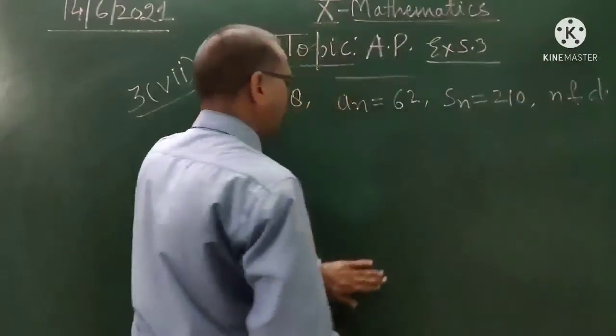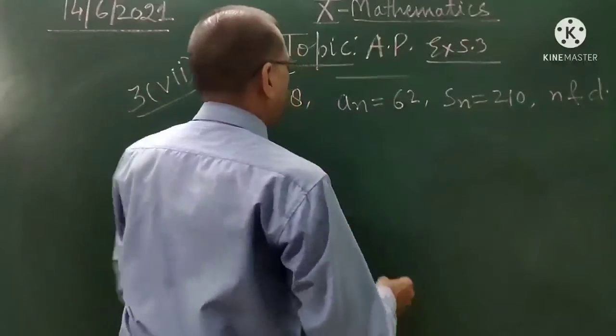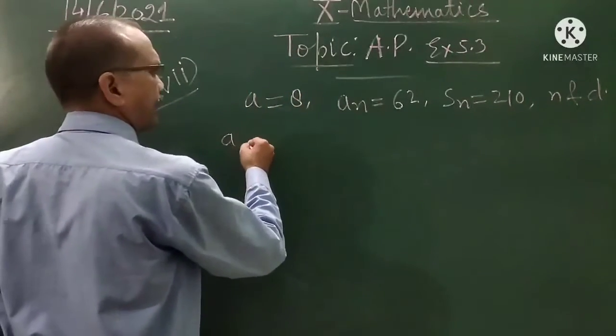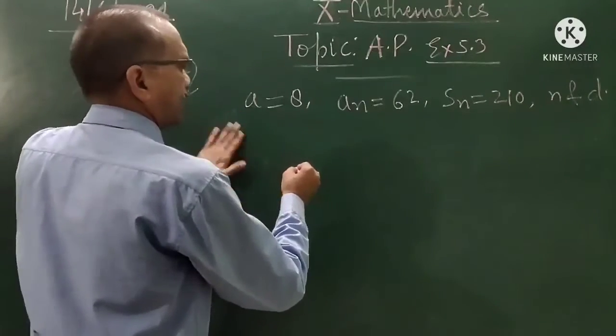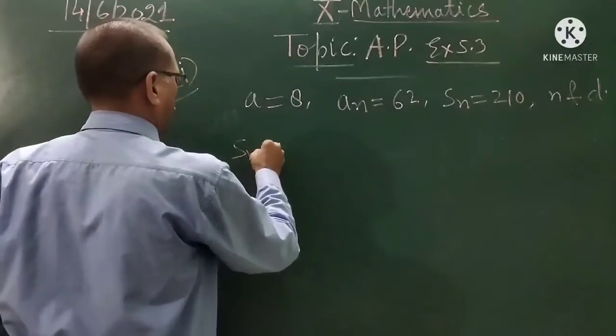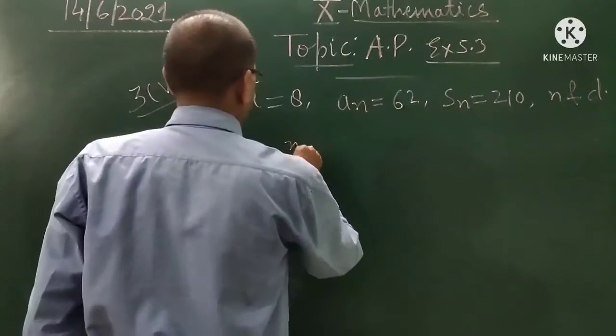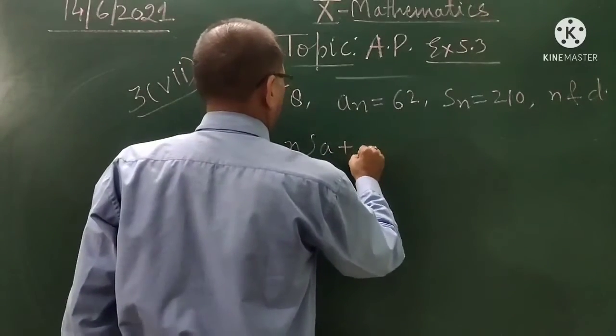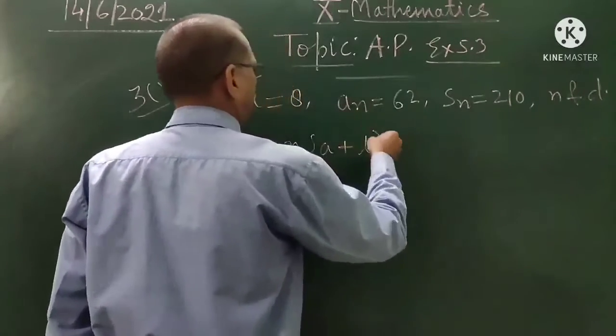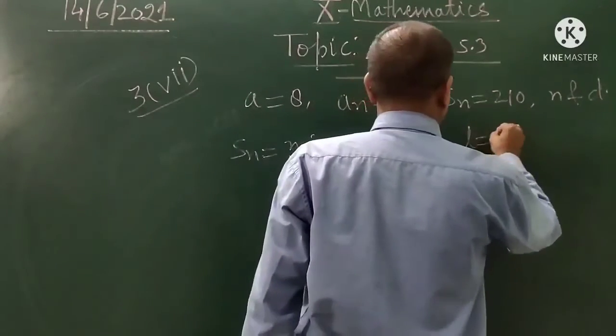There is a formula for Sn. Sn equal to n by 2 into a plus l. And l means an.